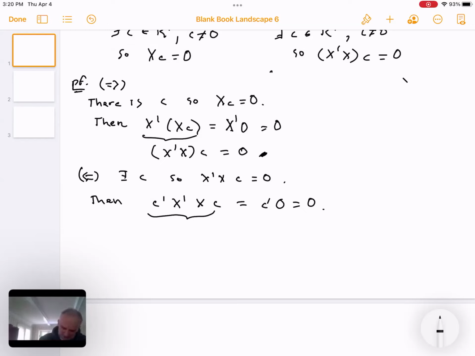This is just (XC) prime times XC, which is just the length of XC squared. So this implies the length of XC equals 0.